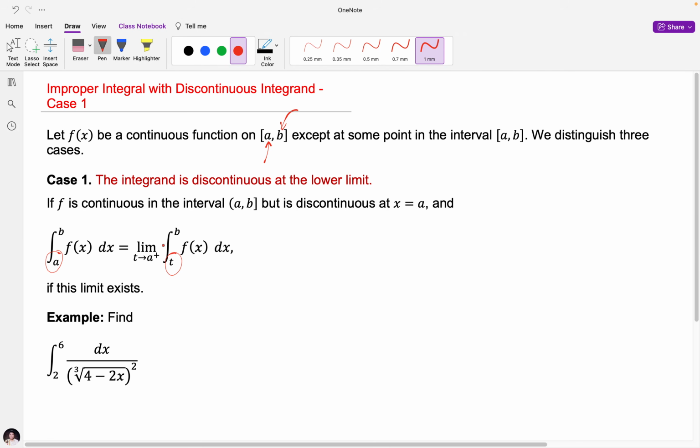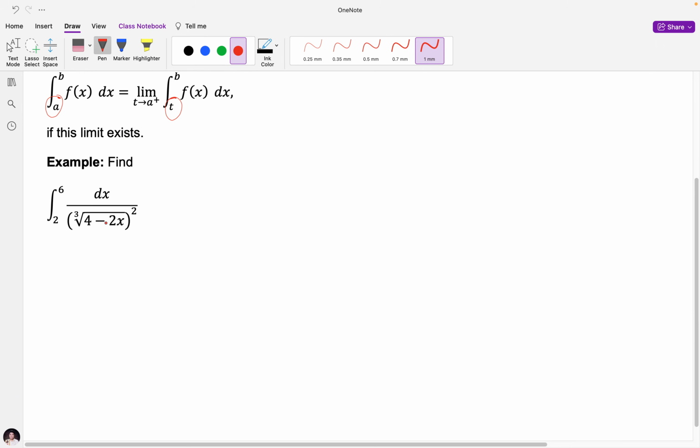Let's try to consider this example. We have the integral of dx over the quantity cube root of 4 minus 2x, raised to 2, from 2 to 6. As you can observe, at x equal to 2 our function is discontinuous because our denominator becomes cube root of 4 minus 2 times 2, raised to 2, and that is equal to 0.